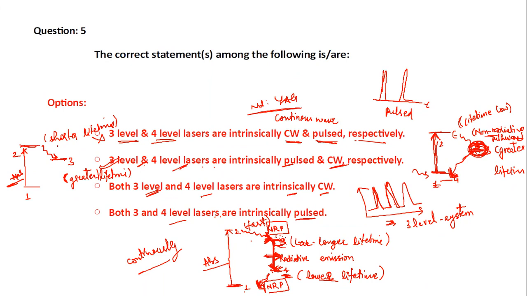Okay, so if I reverse the case where earlier 2 had a shorter lifetime and 3 had a greater lifetime, if I assume that the 2 has a longer lifetime and 3 has a shorter lifetime, then since the pumping, or you can say the excitation from 1 to 2, is continuously going on, there will be no barrier from 2 to 3. Therefore from 2 to 3 there will be continuous stimulated emission occurring.